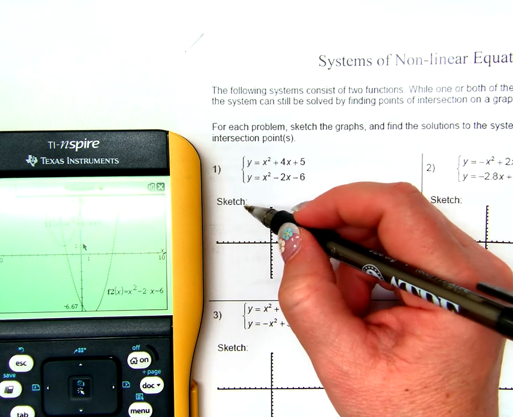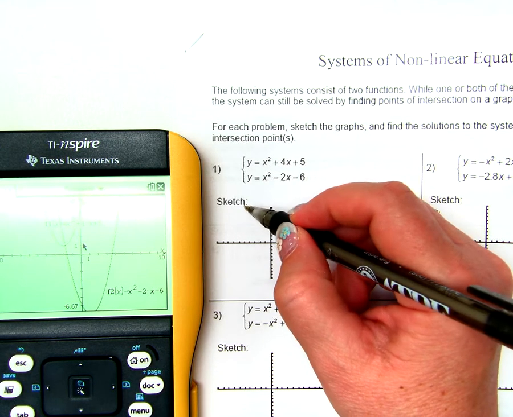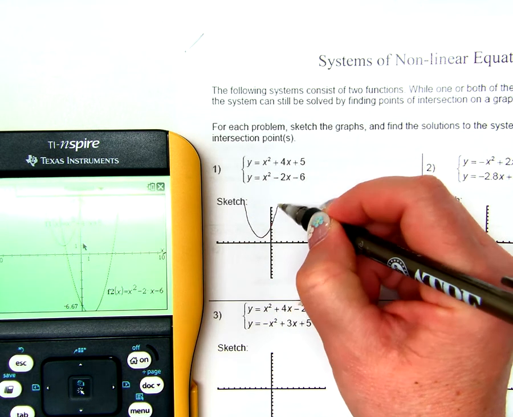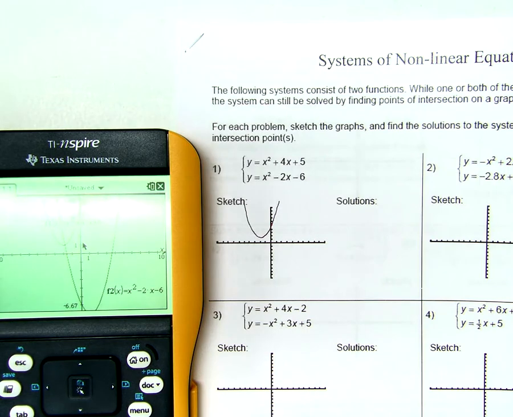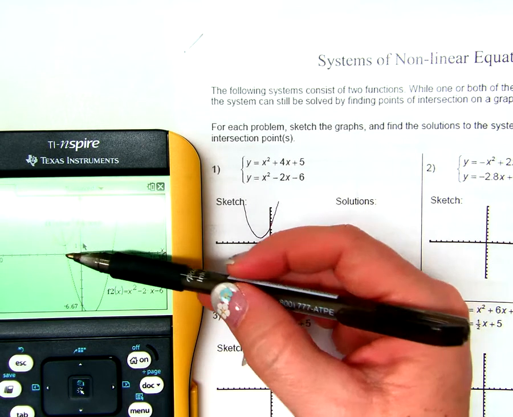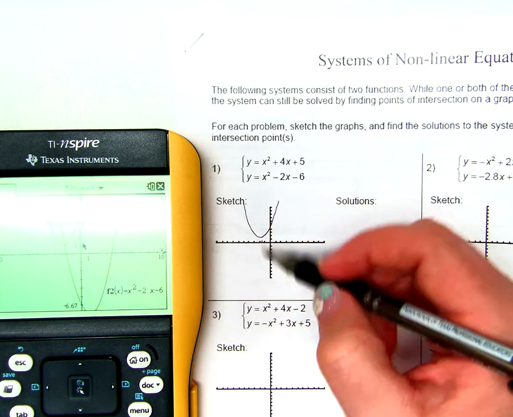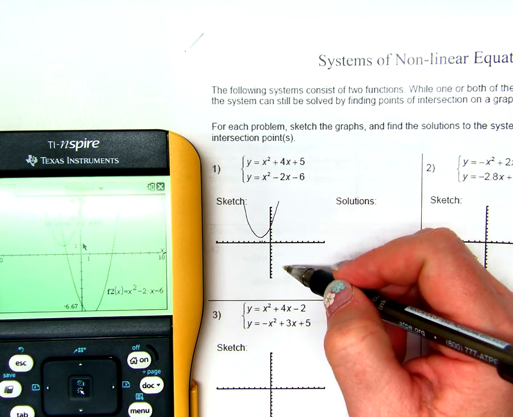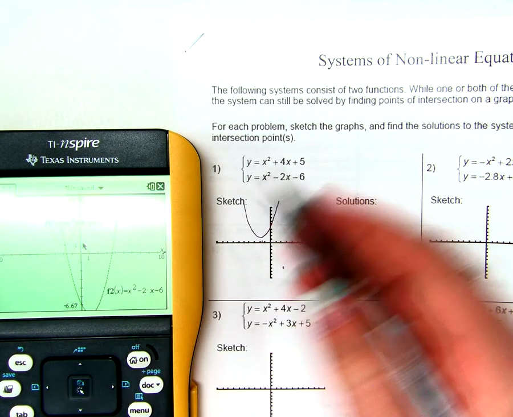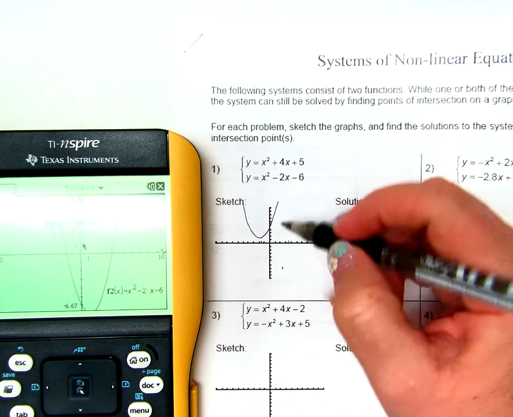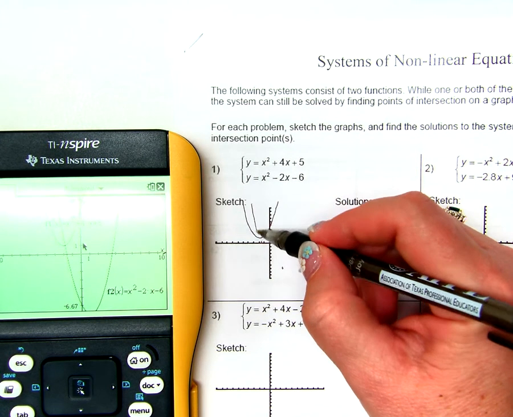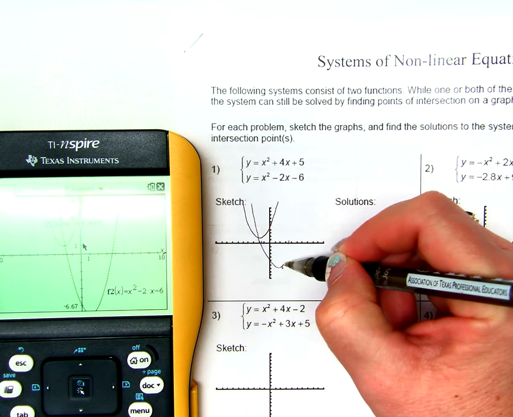So maybe something like that. Okay. This one crosses maybe about right there. Crosses down here below where I can't see, so maybe like right there, and then 1, 2, 3 on the other side of 3. So it looks like it's going to go like this.